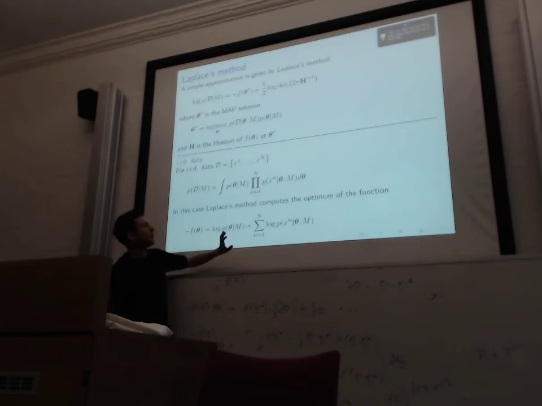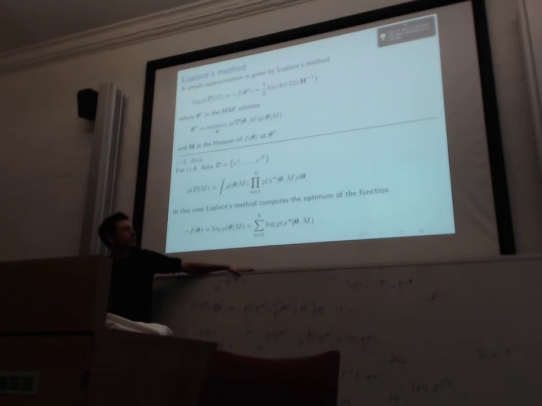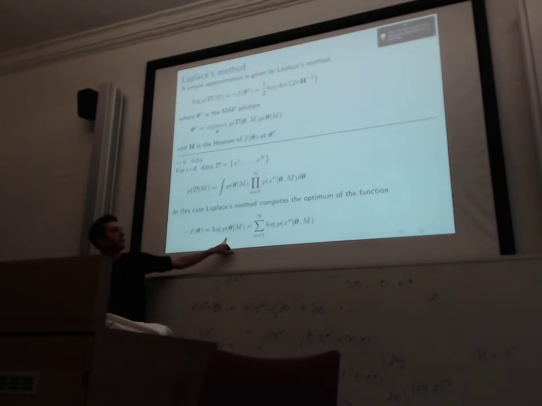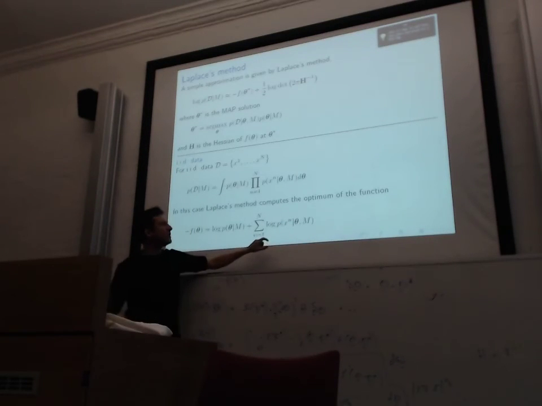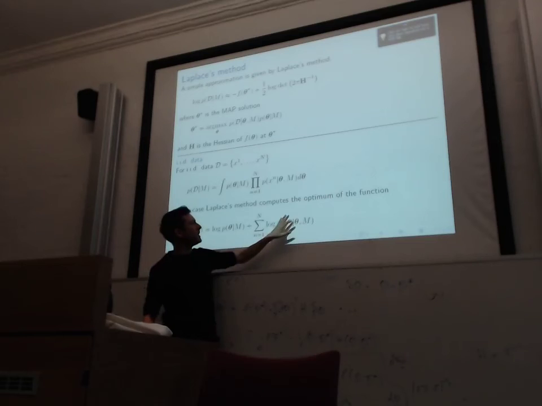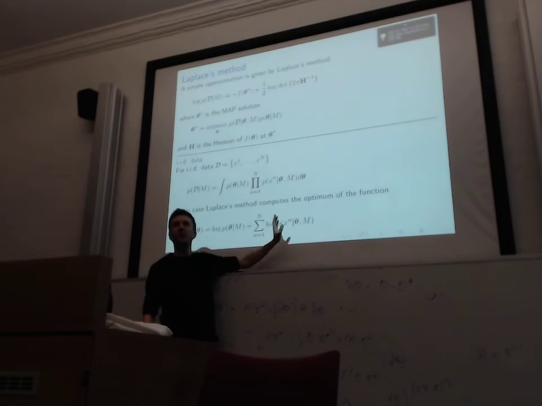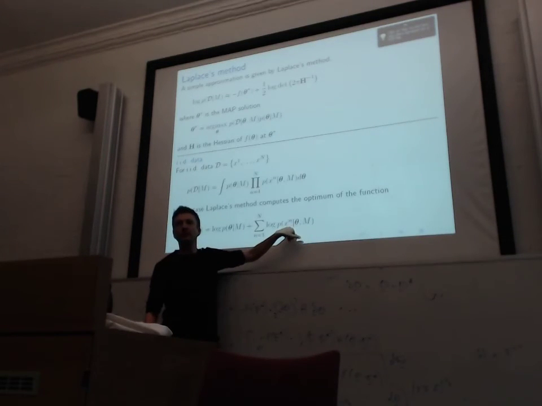So if you've got a large number of data points, which is the limit where we're hoping this approximation will work well, this term is going to be small. It's going to be dominated by this term, because this doesn't scale with the number of data points. So roughly speaking, each of these terms is n independent, say order 1, so they're going to have roughly n times an order 1 quantity.